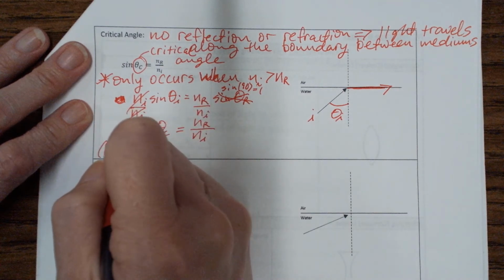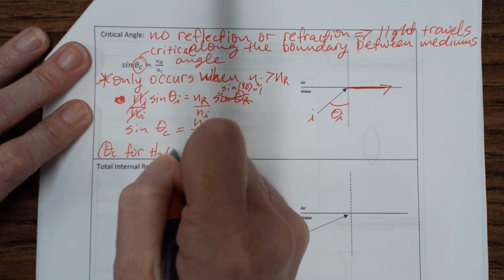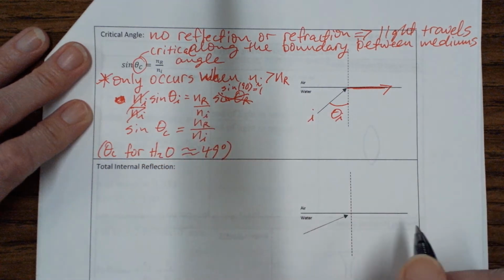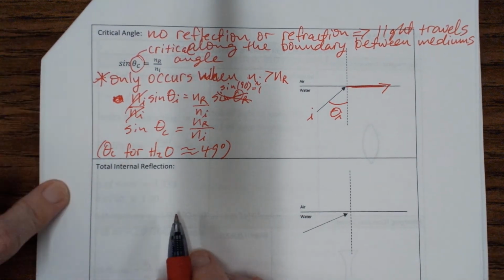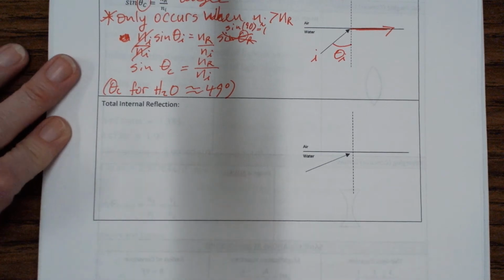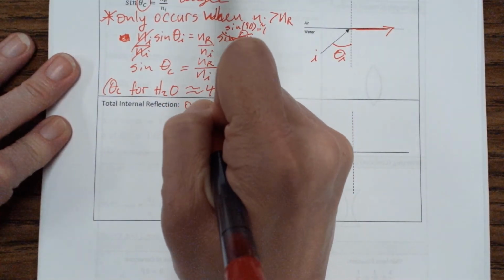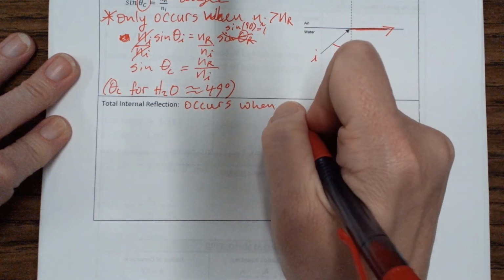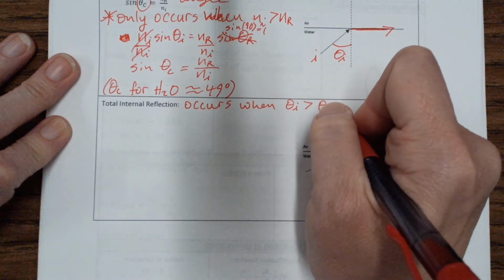The critical angle for water is about 49 degrees, so you might encounter that in your homework too. Okay. And then we have this thing called total internal reflection. This occurs when theta I is greater than the critical angle.